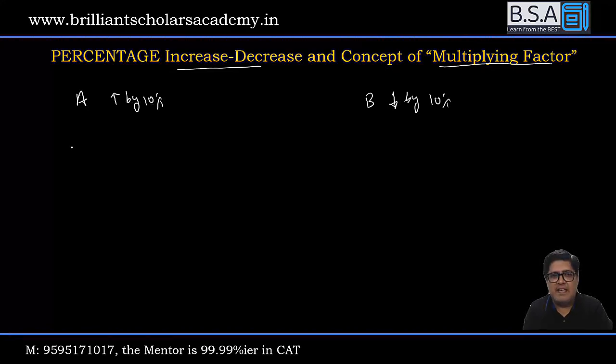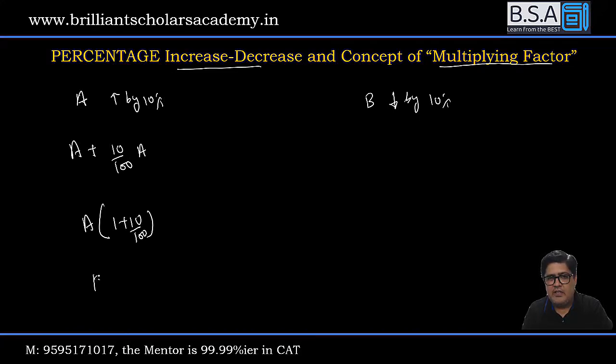Whenever I'm increasing, I'm going to add 10% of the number. What is common? A is common. I can write like this. I can rearrange. This 100 will go up. I will have 110 upon 100.